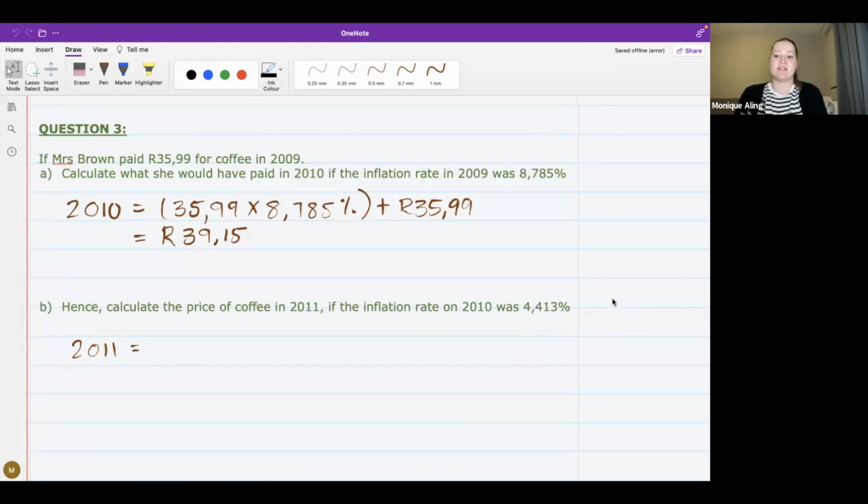Okay, do we have any answers as to what it's going to cost for coffee in 2011? How did you get that?